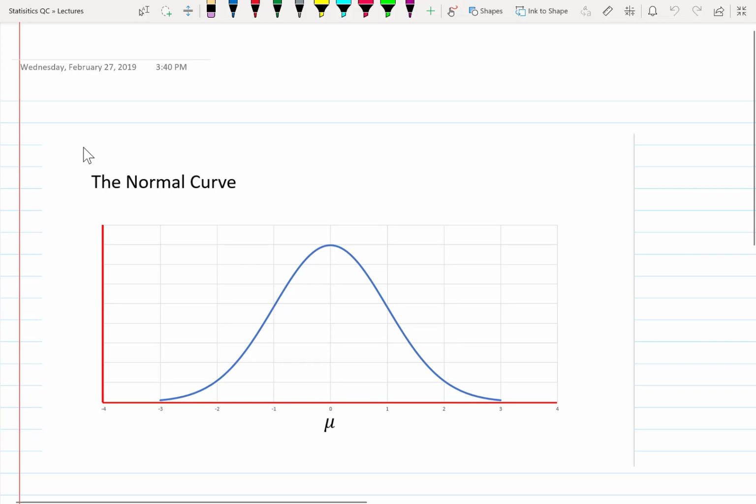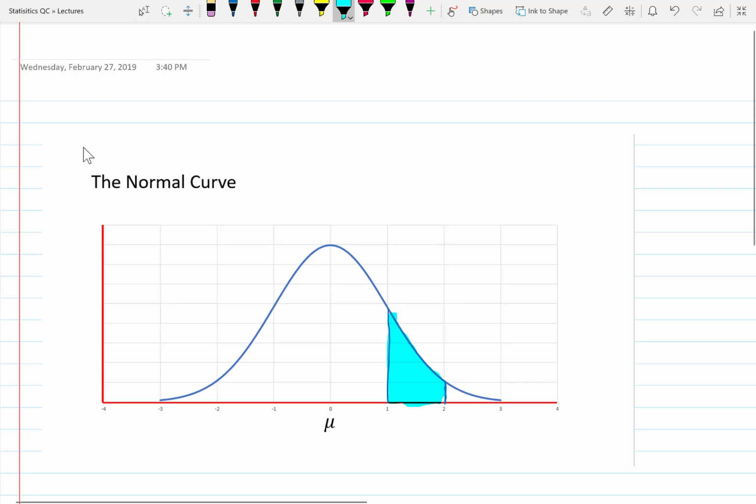How about the percentage of scores that are above 1 standard deviation above the mean, but below 2 standard deviations above the mean? That would be this area in here in blue. How would we figure out the percentage of scores that are in this area?